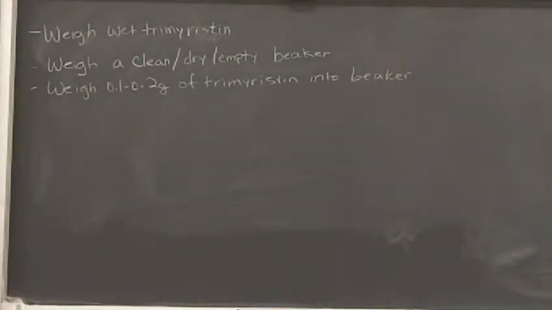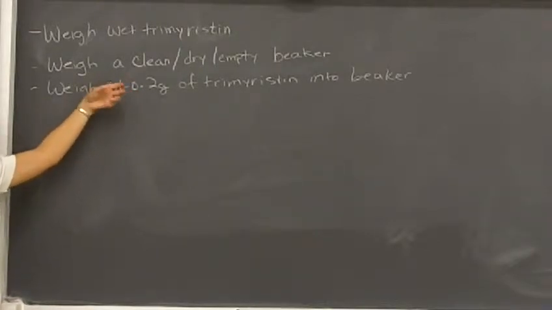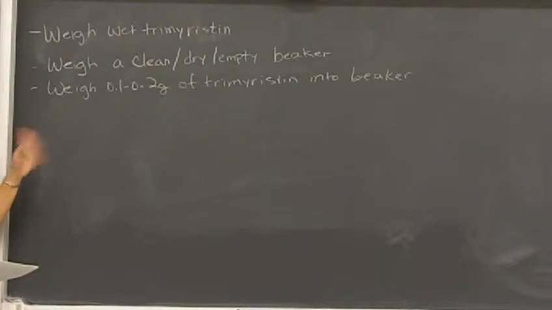If you definitely have more than the gram, somewhere in 0.1 to 0.2 grams is good, okay? But if you're running low on trimyristin, aim for the low end, okay? So you're going to weigh this trimyristin into the beaker, and then you're going to store it in your drawer, okay? We're going to let this solid dry, okay?